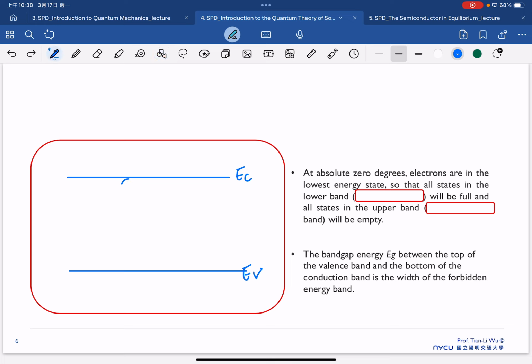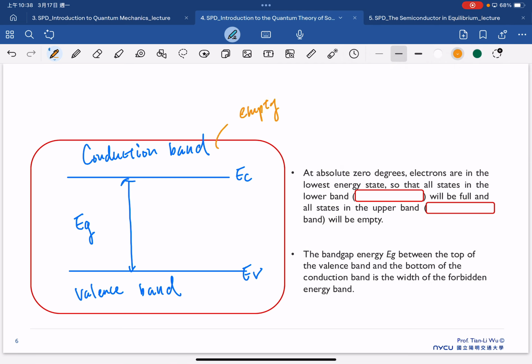In between, we have EG, and on top, we have a conduction band. And on the bottom, we have a valence band. And the conduction band is empty. Why is it empty?